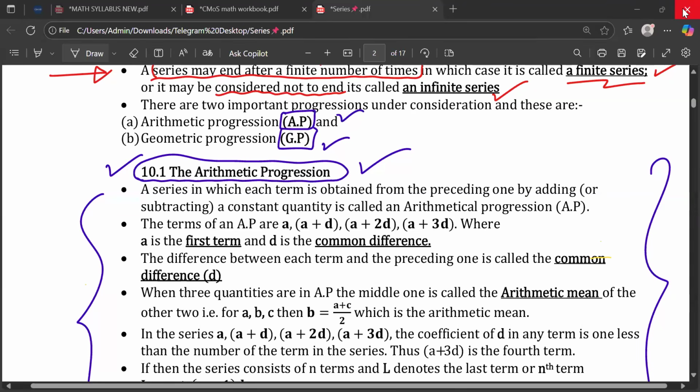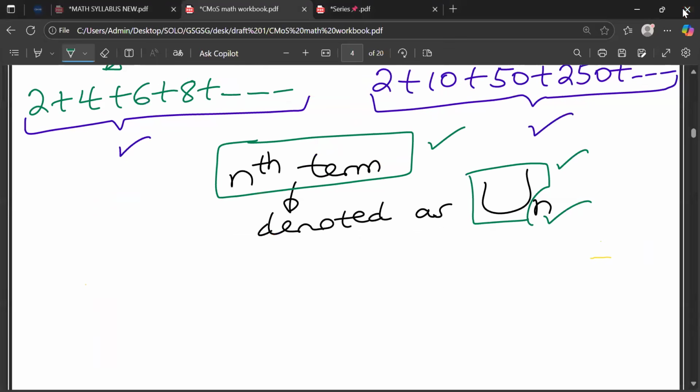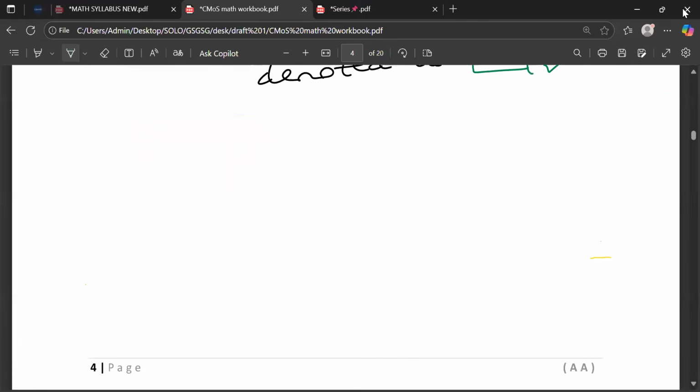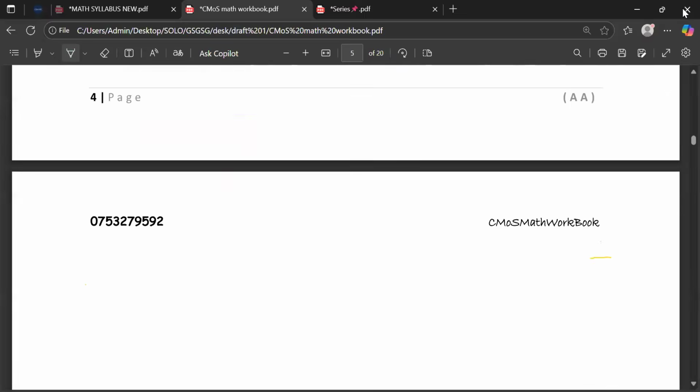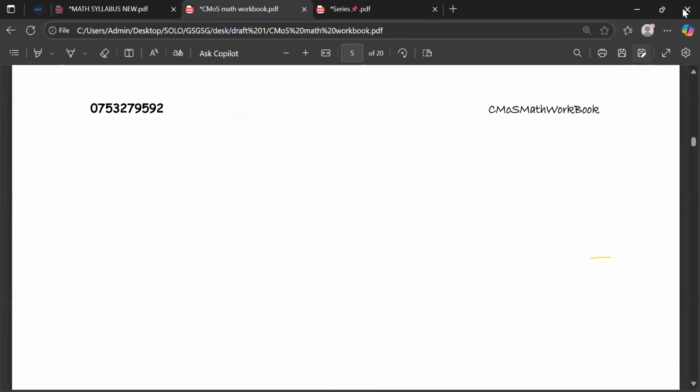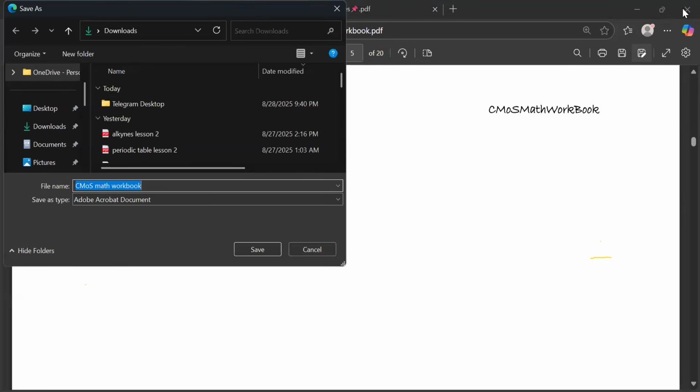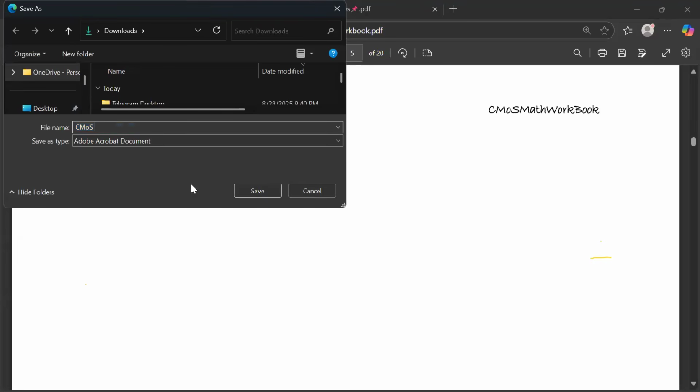You people are aware that with arithmetic progression, we come on right here. Arithmetic progression is common difference. But will people manage this? This is arithmetic.